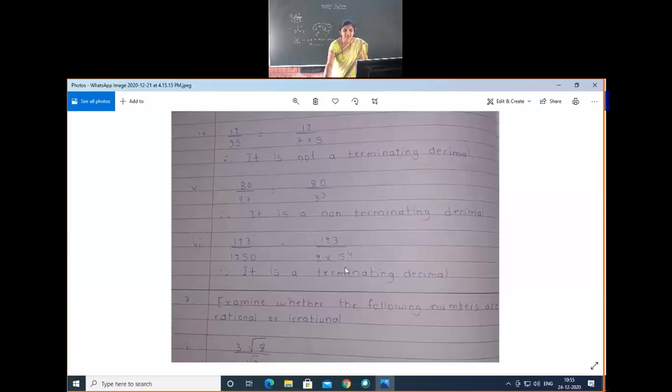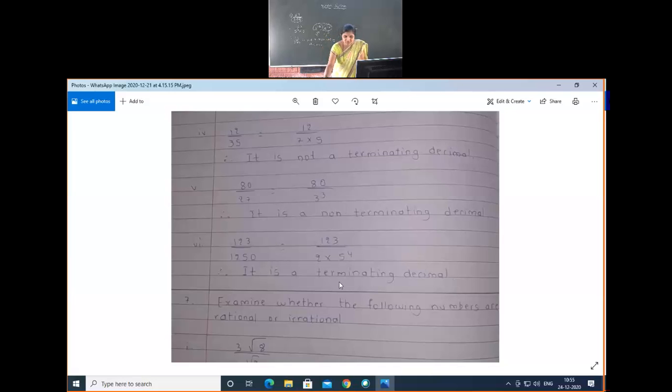In the denominator place, we need these two numbers, that is 2 and 5. 2 raised to 1, 5 raised to 4. If the denominator is in the form of 2 raised to m into 5 raised to n, then we can say that this is a terminating decimal expansion. So this one is a terminating decimal expansion.